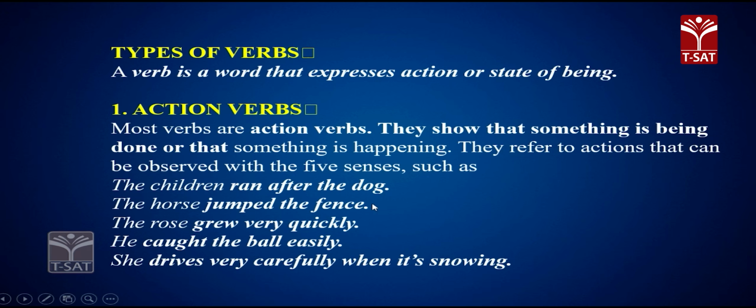Okay. So these action verbs refer to actions that can be observed with the 5 senses, such as: the children run after the dog, the horse jumped the fence, the rose grew very quickly, he caught the ball easily, she drives very carefully when it's snowing.